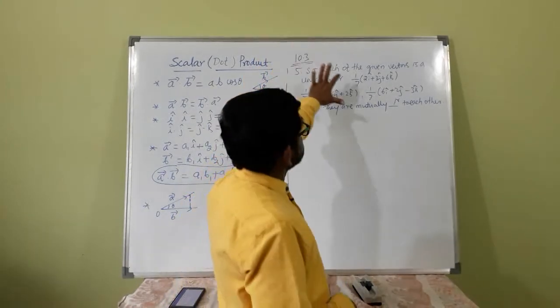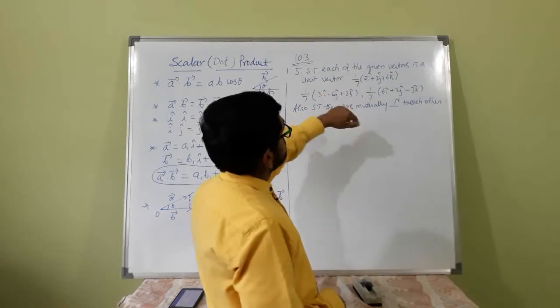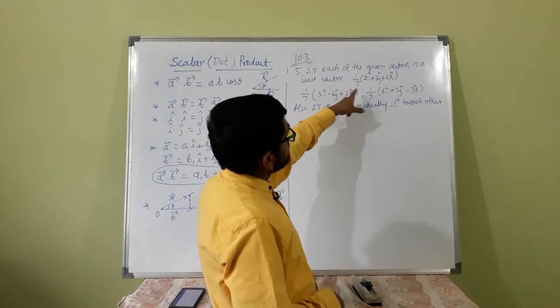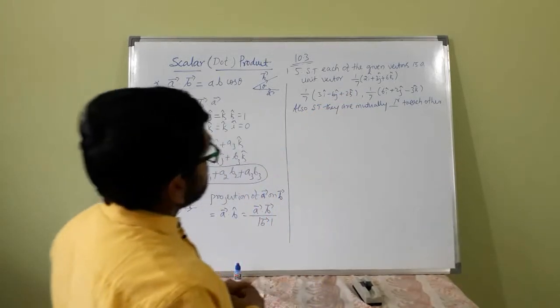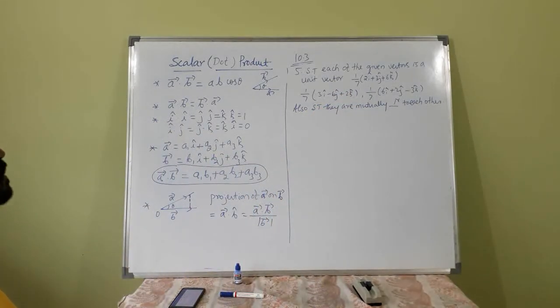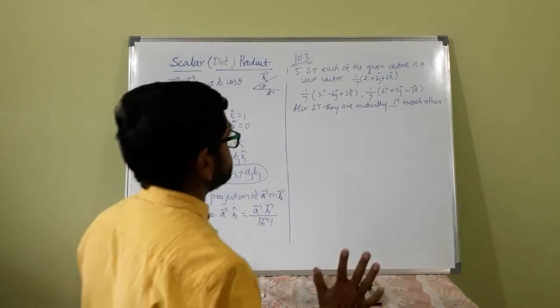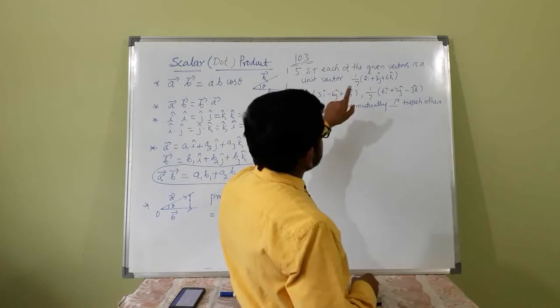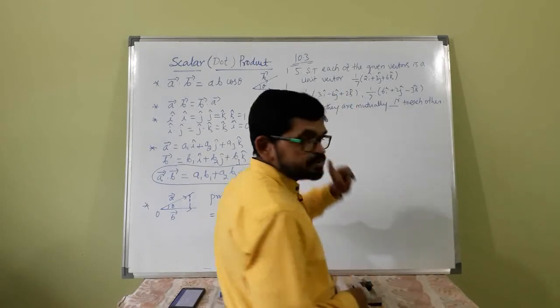For this you have to divide vector A by its magnitude, that is A cap, isn't it? Unit vector means its magnitude should be 1, that is enough. Mutually perpendicular means A dot B, B dot C, A dot C should be 0.